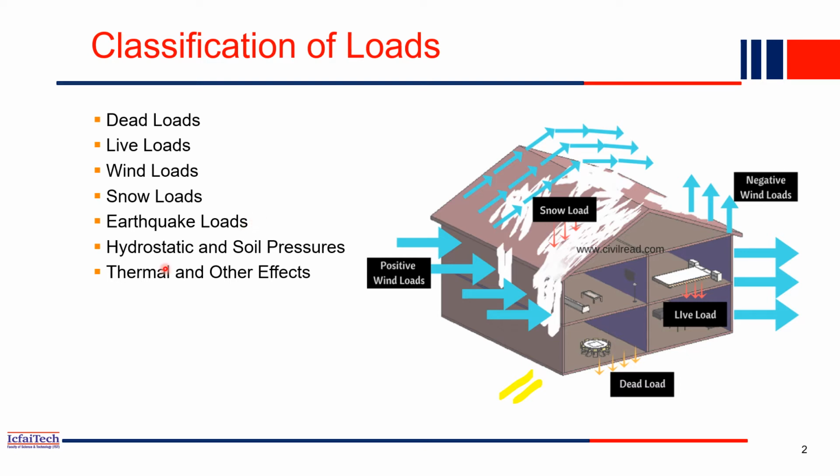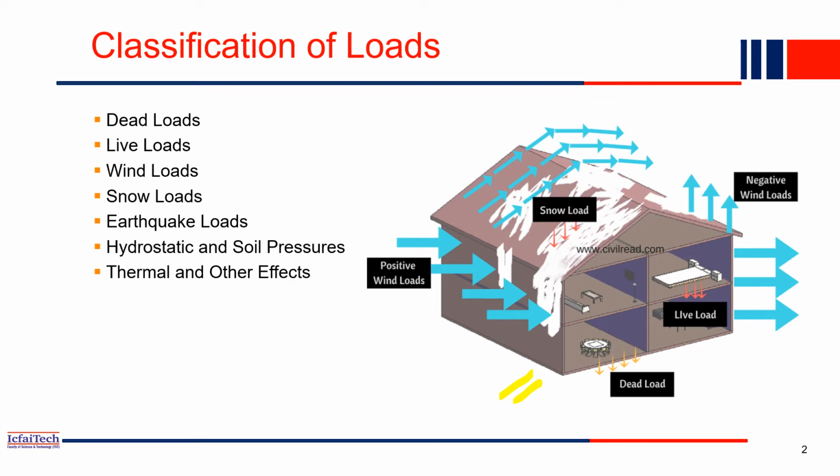And then we have hydrostatic and soil pressure. In a retaining wall or some other location, you will find that because of the soil pressure, your structure is experiencing more load. We call it soil pressure or hydrostatic pressure. And then obviously thermal and other effects are also there, which cause extra load in a structure.